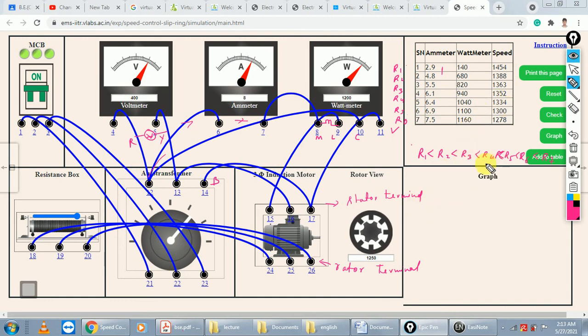But the conclusion is we don't prefer this method, because from these readings, when we increase the rotor resistance, the power drawn is more, so losses increase and efficiency decreases. So we don't prefer this method. So this is all about speed control of a slip ring induction motor.